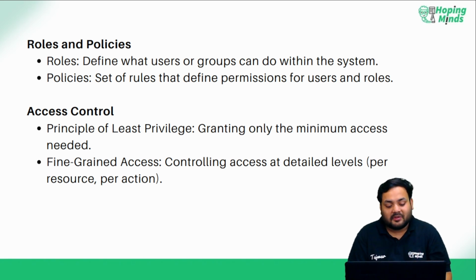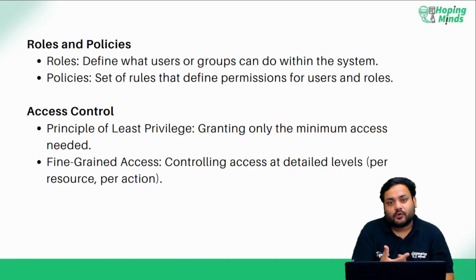Then we have fine-grained access, which means we can control access at every level, per action, per instance, or per resource. At a particular time we can monitor what exactly they are doing and limit their access.